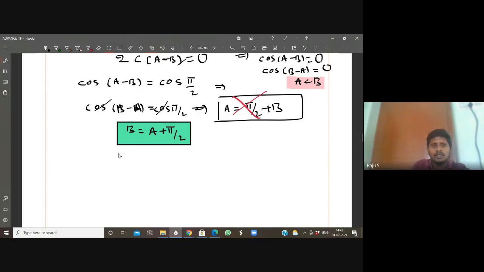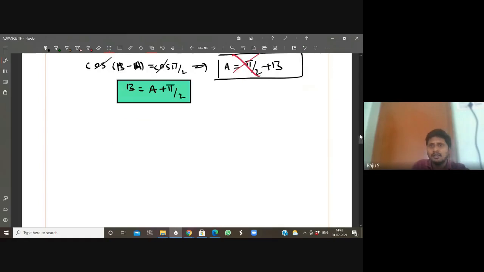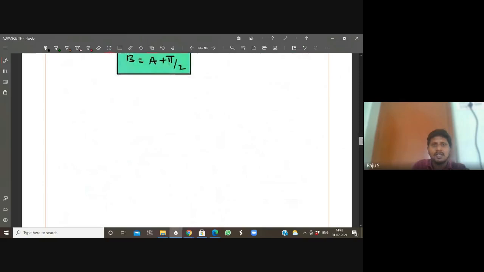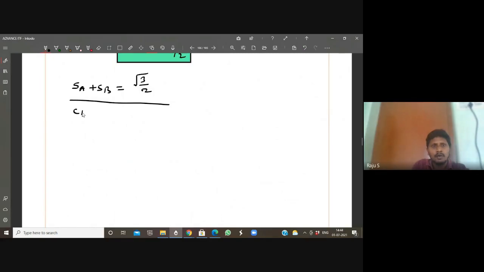If you want to get the A value, we should know the A plus B value also. Okay, we do one thing. First case, I'm squaring and adding the given conditions. Next case, I want to divide sine A plus sine B, given as root 3 by 2, by cos A plus cos B, which is 1 by root 2.